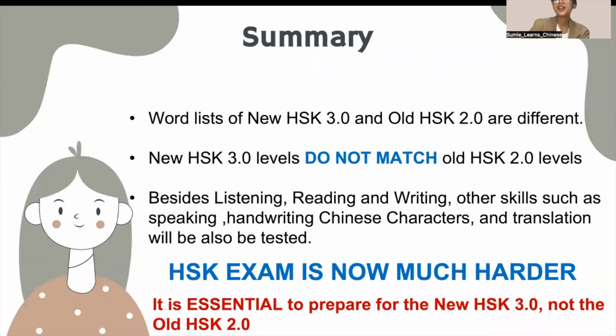So we have learned a lot of things and we got a lot of information in a short period of time. Let's go through the summary and have a brief idea what we have learned and what information we got today. Number one, the word lists of the new HSK 3.0 and old HSK 2.0 are totally different.